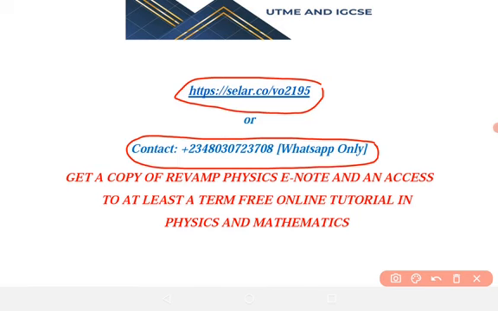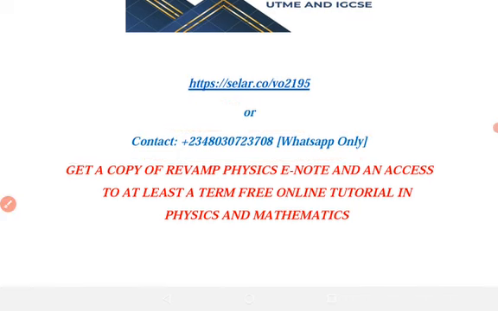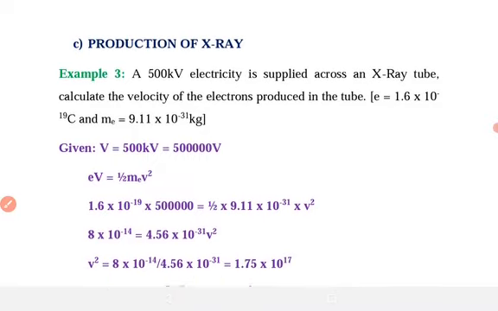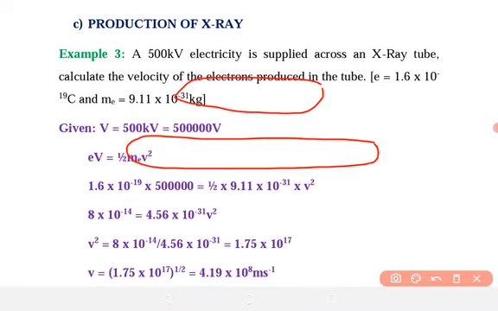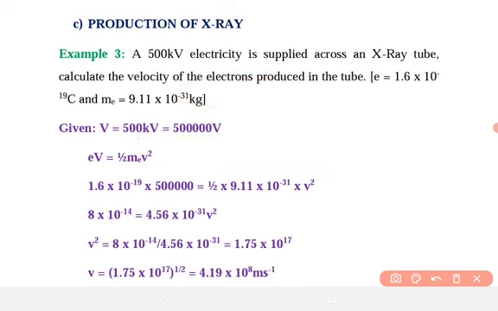Okay, now moving away from this, let's look at the next subtopic under this energy quantization. The next subtopic we are considering here is production of X-ray. Production of X-ray is very close to what is happening in the photoelectric effect.